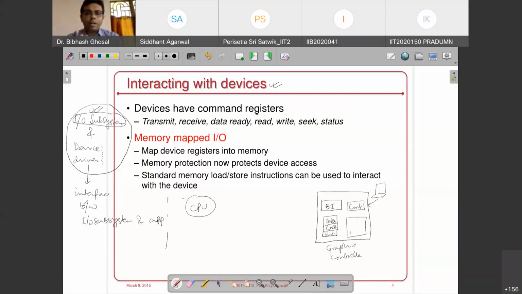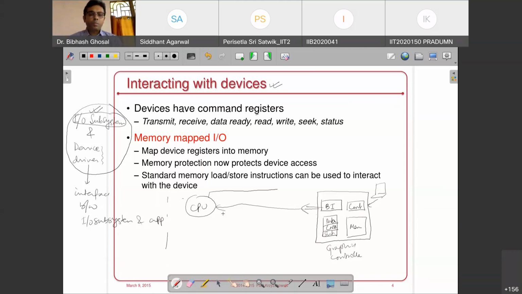Normally the hardware controllers don't have memory, except for very high-end ones, like graphics controllers, which have to perform some kind of computation and may require some memory. This is how things work. And here is the bus. This bus interface is connected to some bus that takes it to the CPU. This is how the communication is there.